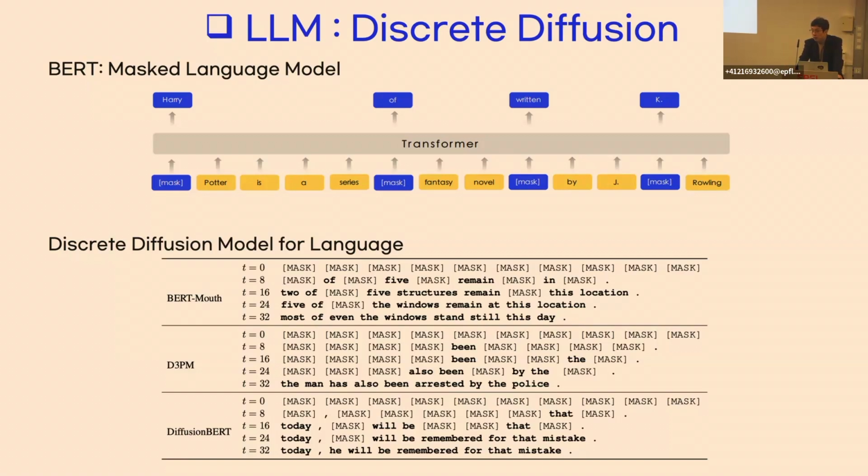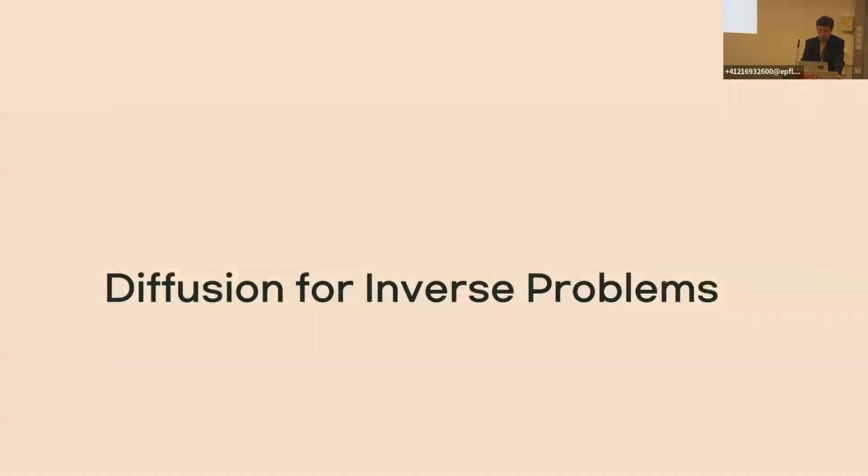So they can do a lot of interesting things. Okay. So far, we discussed why diffusion models are potentially better than other generative models. But now I'm going to talk about our main topic: how to apply diffusion models to the inverse problem.